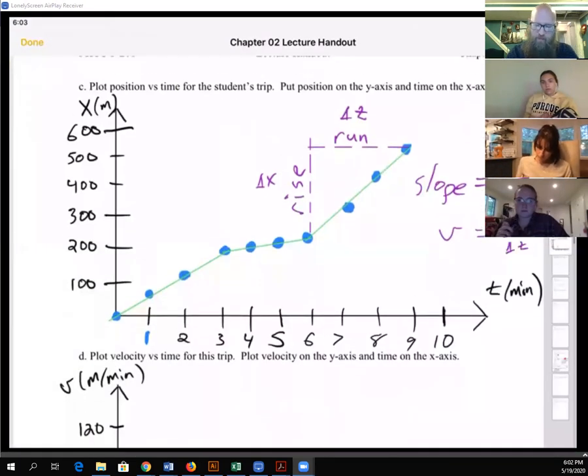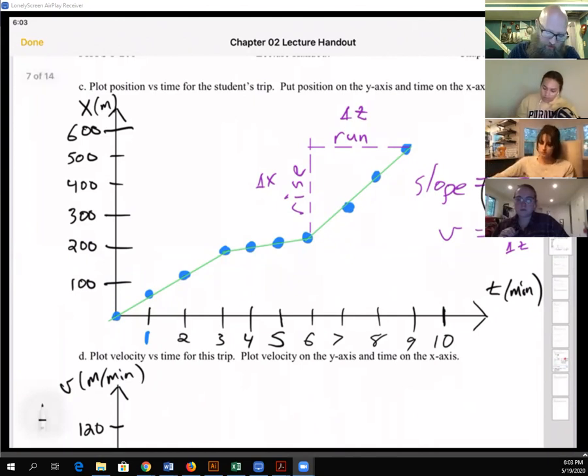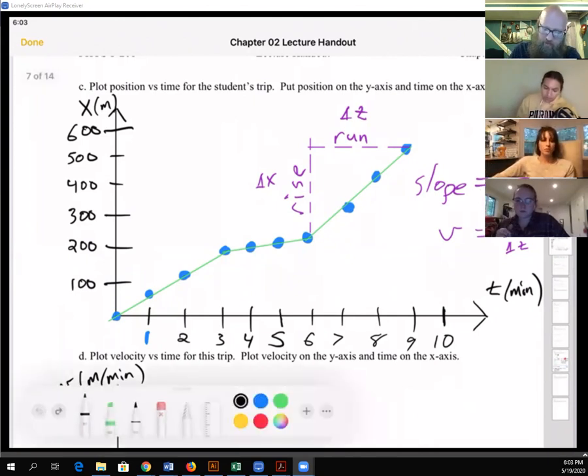So position versus time is just another way to represent motion, right? I mentioned that the slope of position versus time is velocity. If you define slope as rise over run, and you plug in what those definitions are, the rise is literally motion on the x-axis, which is vertical here, which is a little weird.